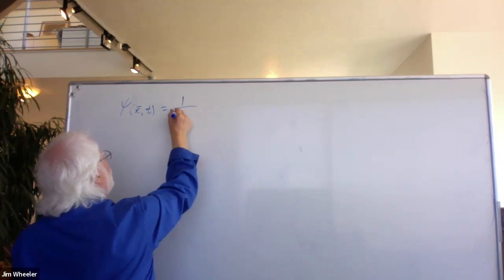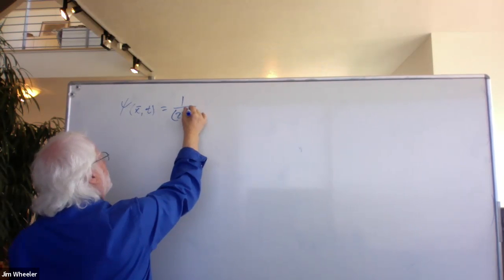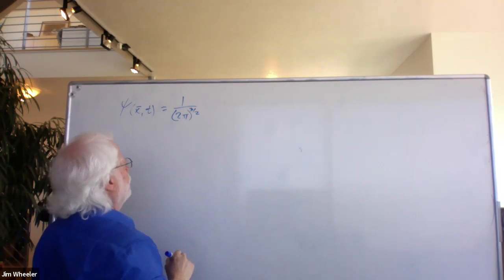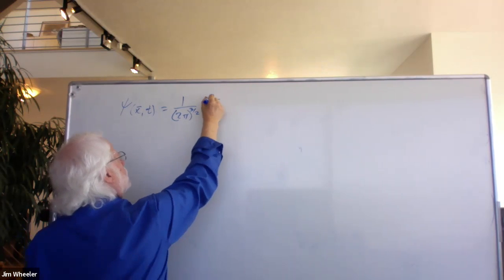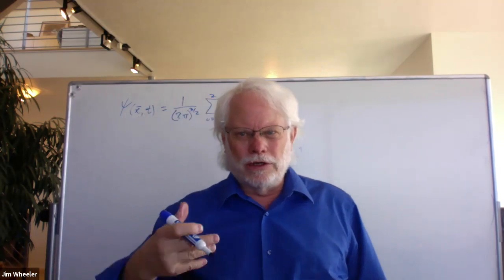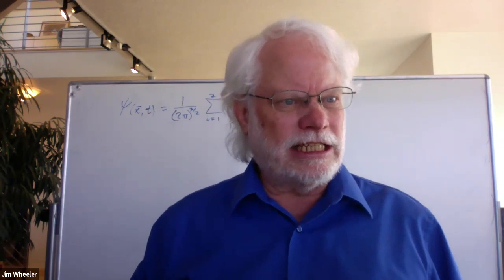So we need 1 over 2 pi. This is our usual Fourier coefficient. We're going to have a sum, i equals 1 to 2, over the spin up and spin down states.